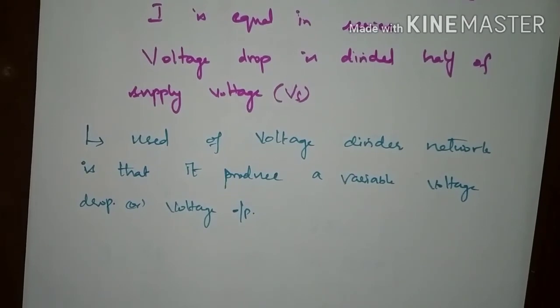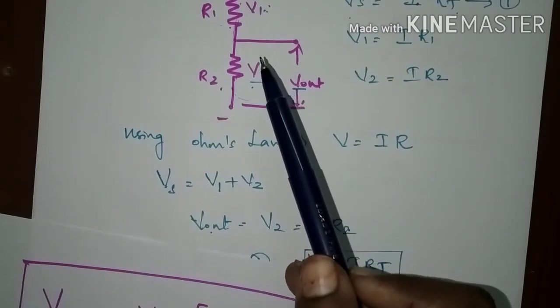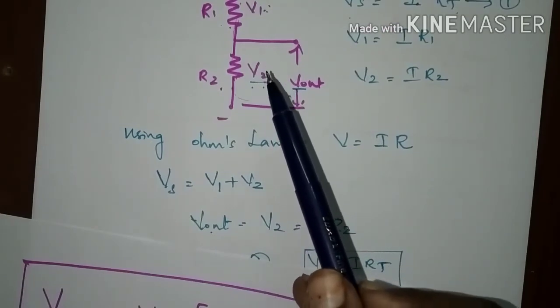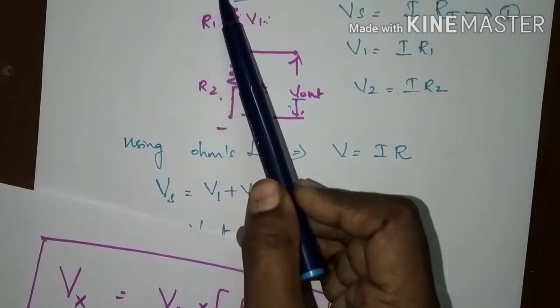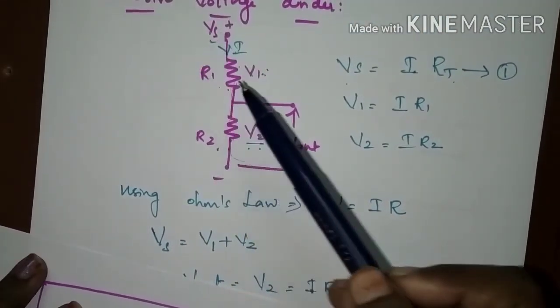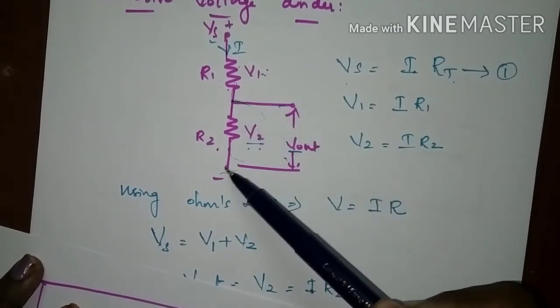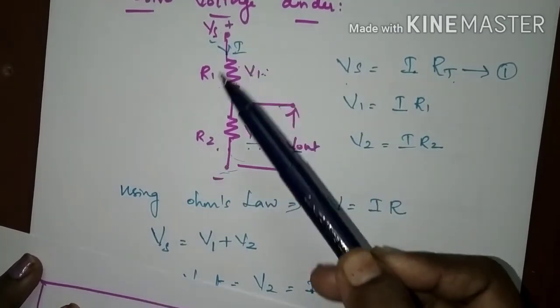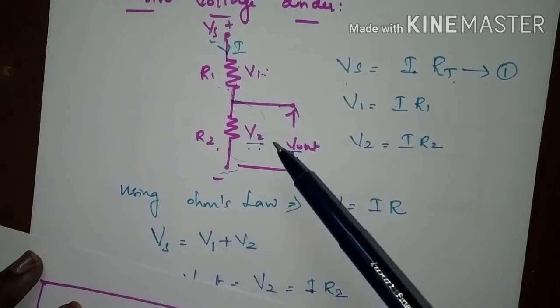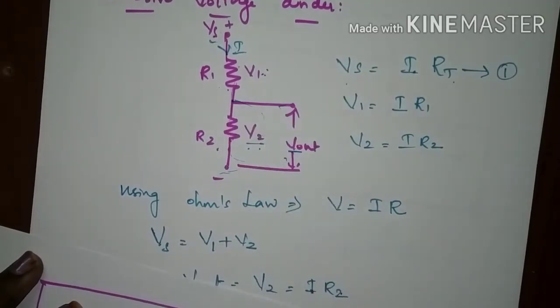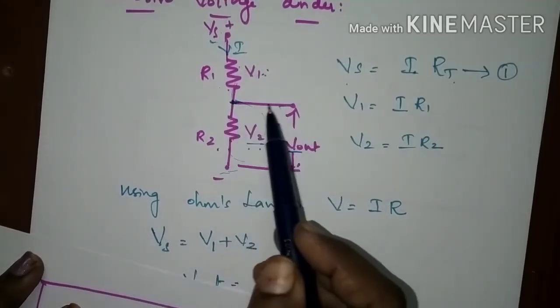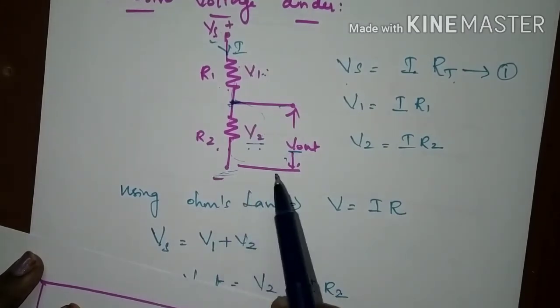The other use of the voltage divider network is that the output voltage can be varied. That is, it can produce a variable voltage. You give a supply voltage of Vs, and the output voltage can be reduced accordingly, so that we can find output voltage at any of the terminals. If you have n resistances in the circuit, the output voltage can be taken across any one of the resistors, with respect to the ground.